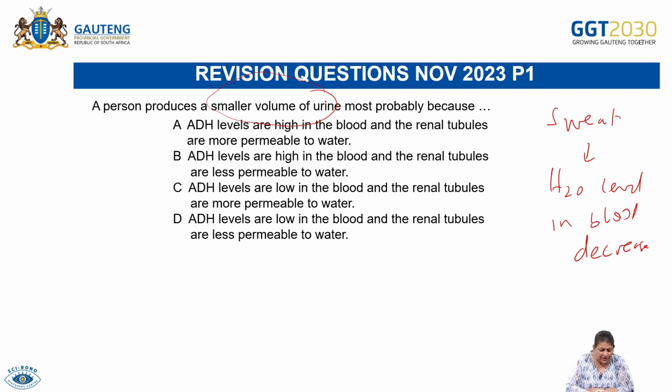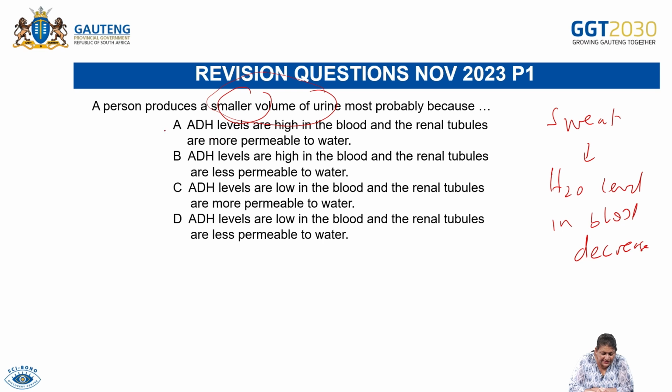So a person produces a smaller volume of urine. Why? Because the ADH levels are high in the blood, and the renal tubules are more permeable to water. So more water can be reabsorbed. So let's see the options. We know that if you pass less volume in the urine, less water in the urine, smaller volume, it means that your ADH levels are high.